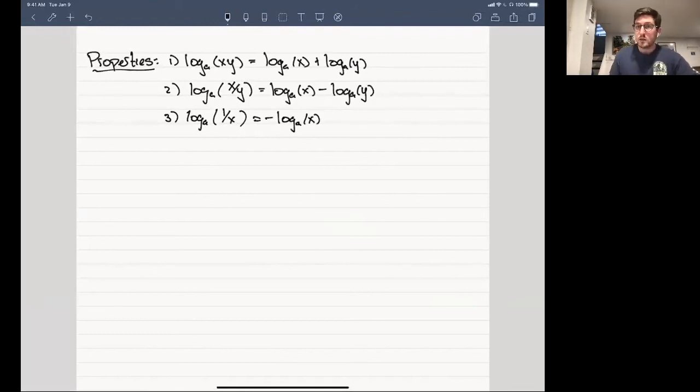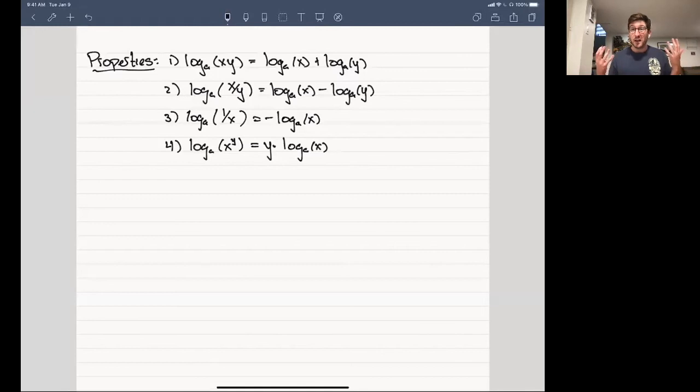And actually, this reciprocal rule is more generally given as the power rule, which says that log base a of x to the power of y is equal to y times log base a of x, right? So hopefully there's nothing surprising here, right? Because these are just the same properties that we gave for the natural logarithm.